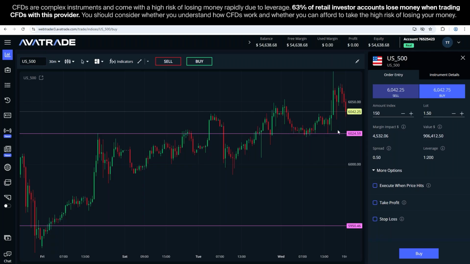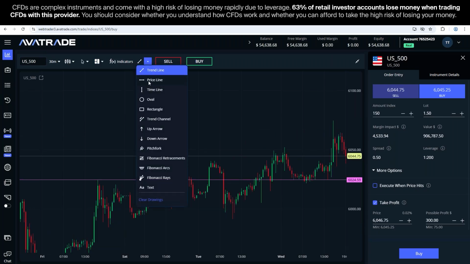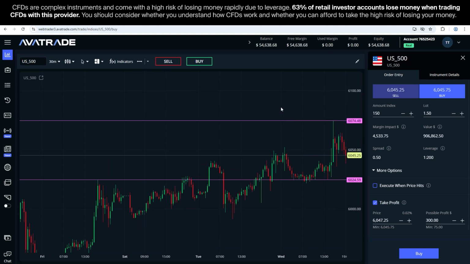Okay, and so if I was going to buy with today's positive fundamental news for the equities, then I'd put my take profit at today's high, which is up here. Let me just draw an extra line. Okay, today's high, 6,075 approximately.